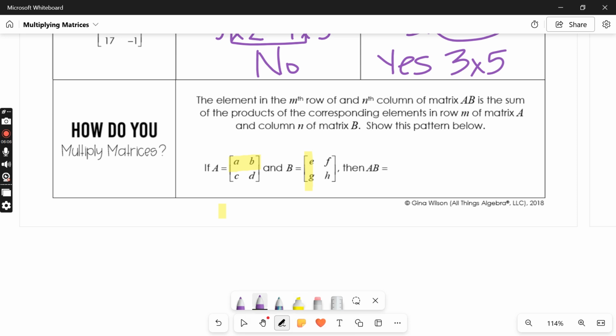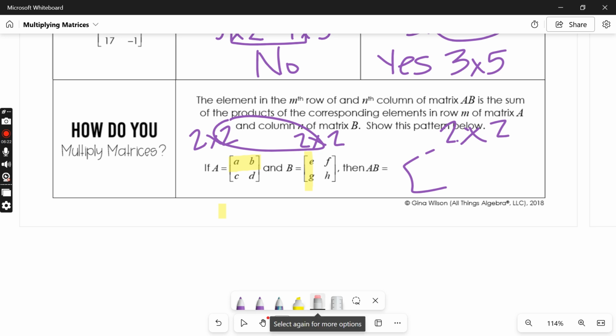So when I do this, again, this one is a 2 by 2, and this one is a 2 by 2. So the middles match, which means my last one should be a 2 by 2. Okay. Alright, so when I go to write these, I am multiplying, as I was saying, this first row times this first column.